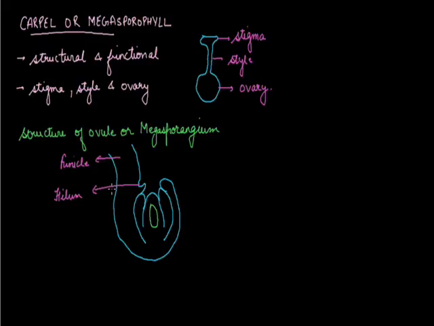The main body of the ovule is called the nucellus. This nucellus is made up of parenchymal tissue. Each ovule has one or two protective envelopes known as integuments.